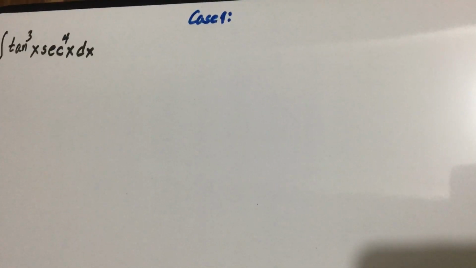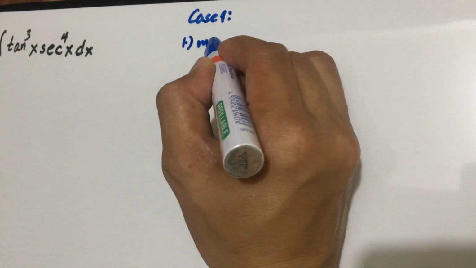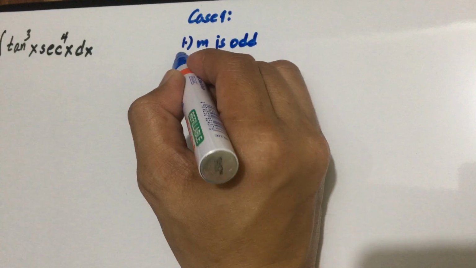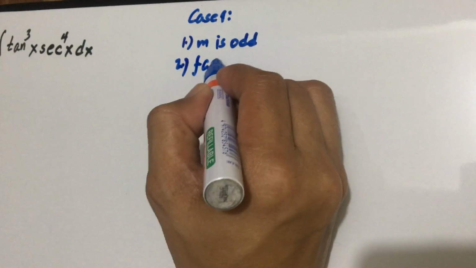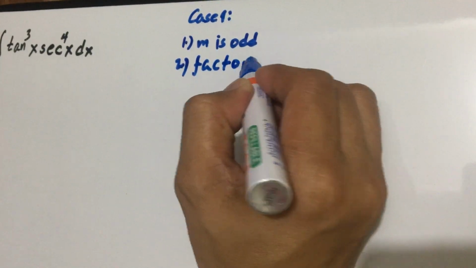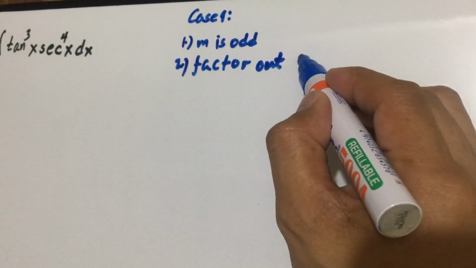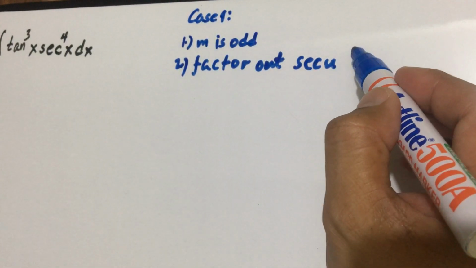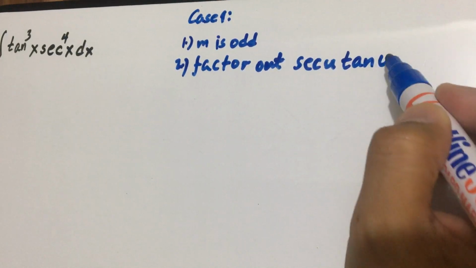When m is odd, we have to factor out secant u tangent u du.